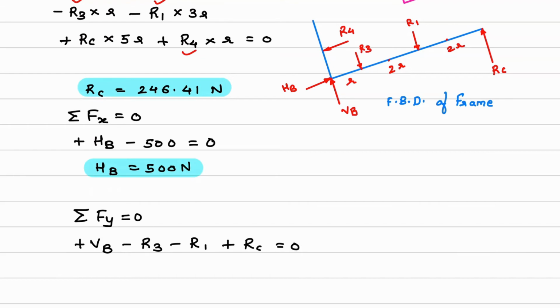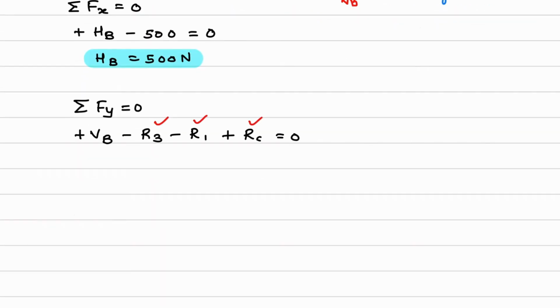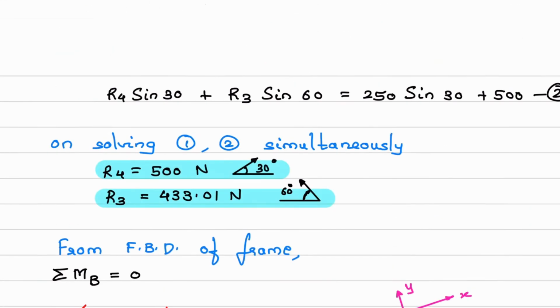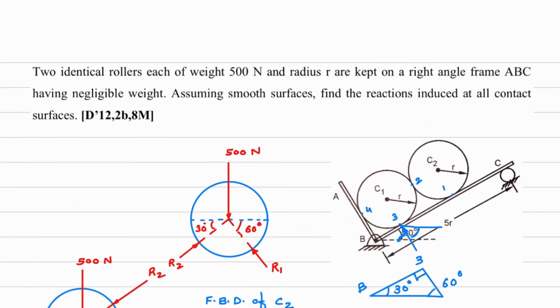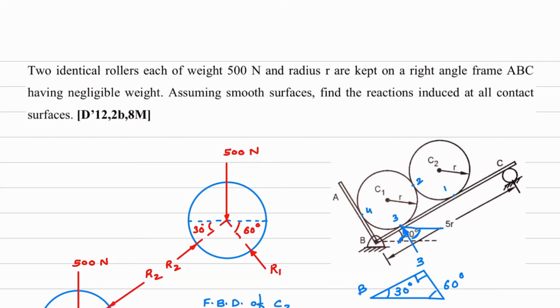Now we have the values of RC, R3 and R1. So the only unknown over here is VB. So we can calculate VB, which is equal to 619.61 Newton. Now, if you see what is asked in the question, we have to find the reactions indicated at all contact surfaces.